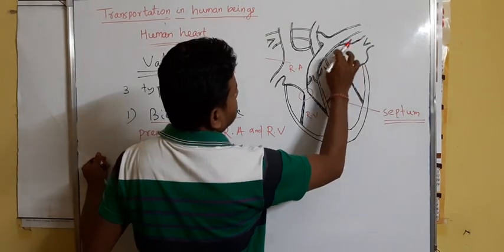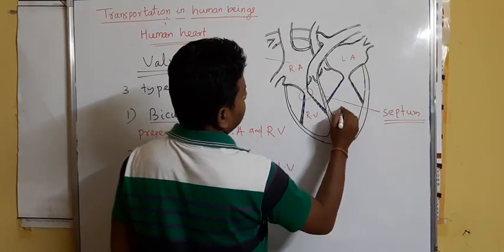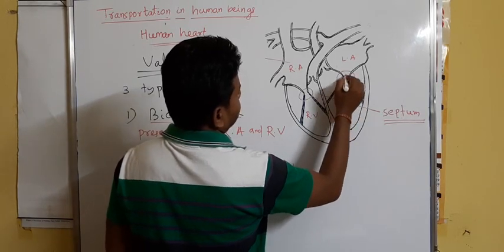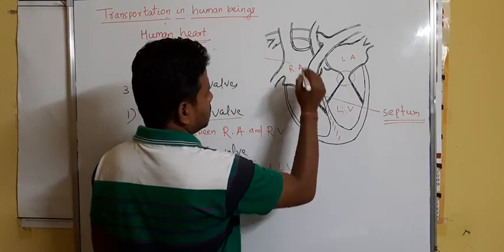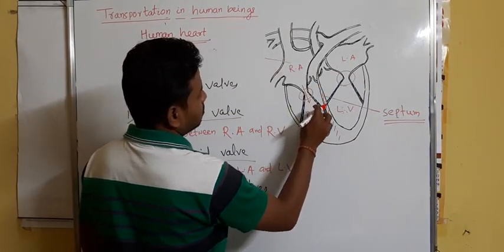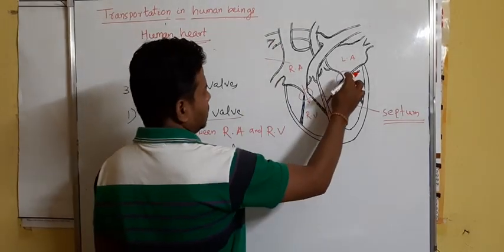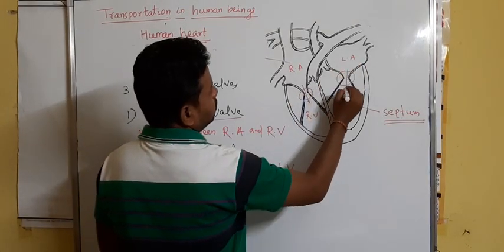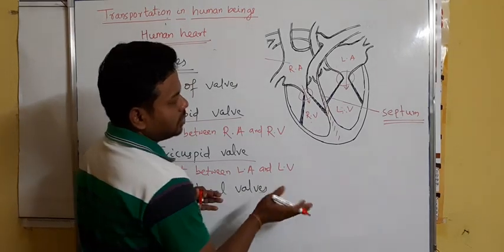So this is the left atrium or left auricle, this is the left ventricle. So here the blood will pass from the right auricle to the right ventricle, but it will not go backward. Similarly, the tricuspid valve will allow the blood to move from the left auricle to the left ventricle, but it will not allow it to move backward.